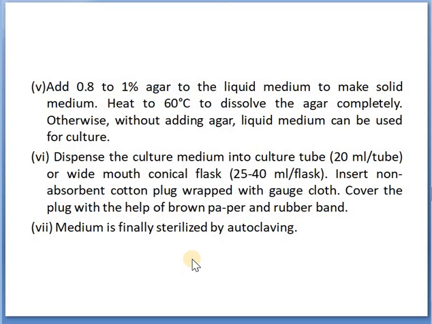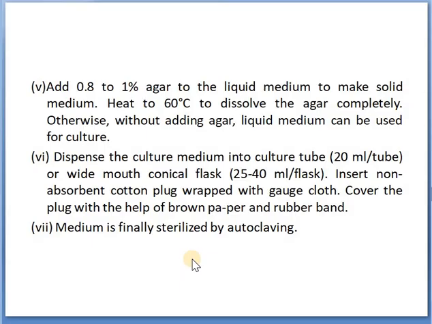The prepared solution is then dispensed into culture containers, maybe test tubes or tissue culture bottles or any other required containers, and these are then closed with non-absorbent cotton plugs and then a layer of gauze cloth is applied.